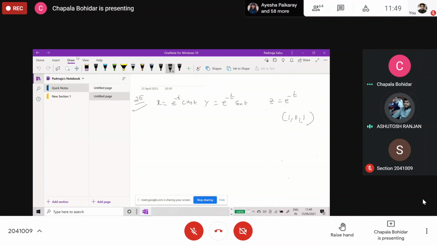Power 3 by 2. x dot square plus y dot square whole 3 by 2. Yes. Okay? Special case: if y is a function of x, what is your formula? That is an important one.